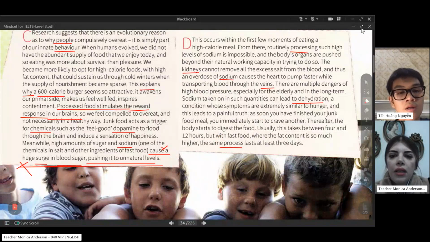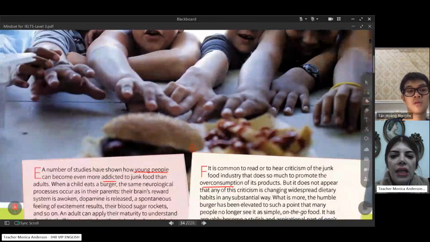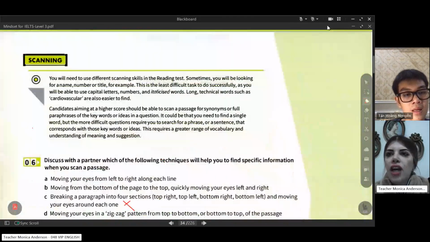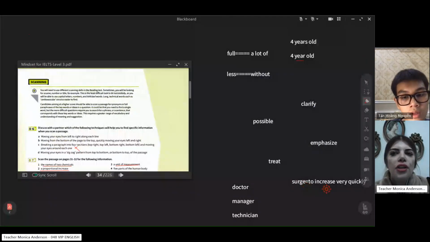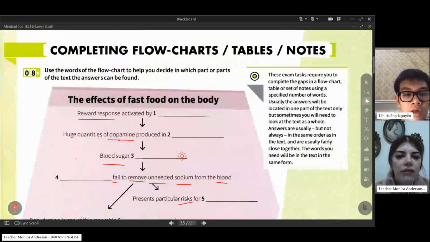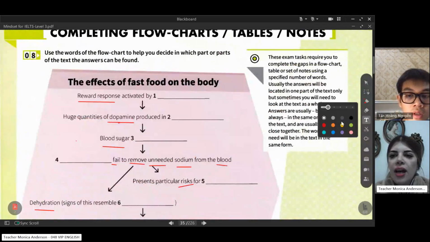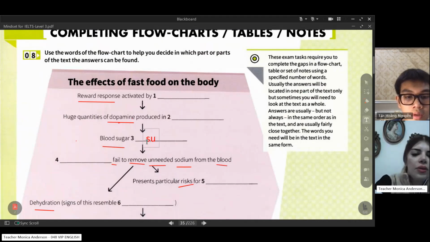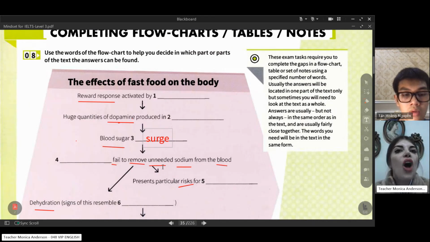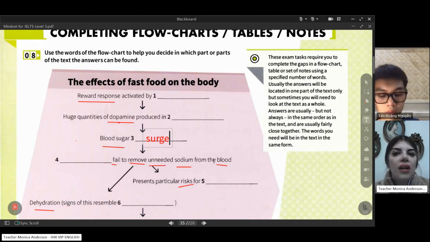Yes, of course, I typed on the board, surge, to increase very quickly. So let me write it here. As you can see, I typed. But if you need, I can type it here again. Surge. Okay.